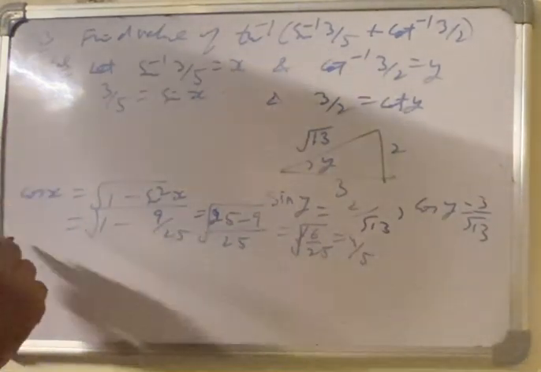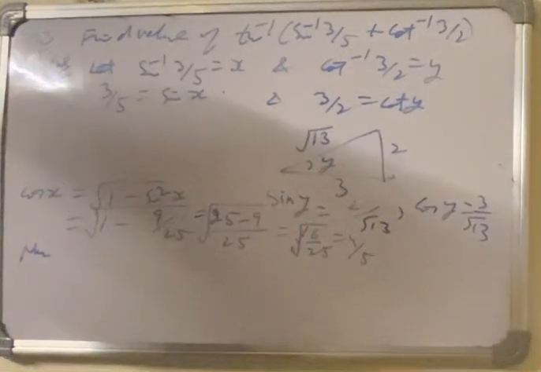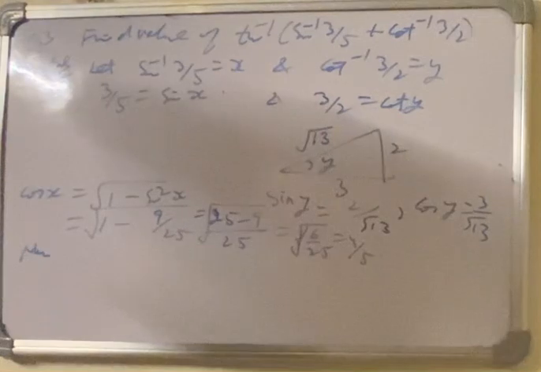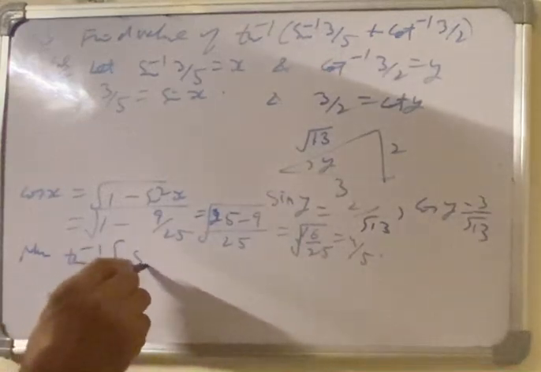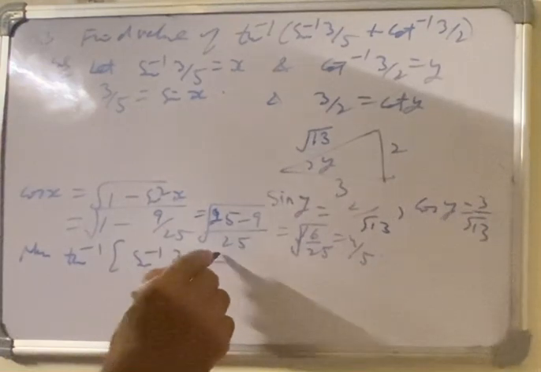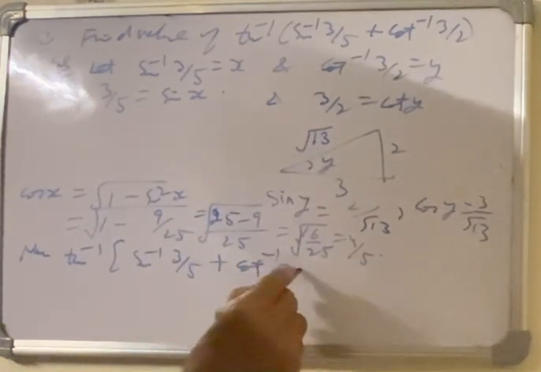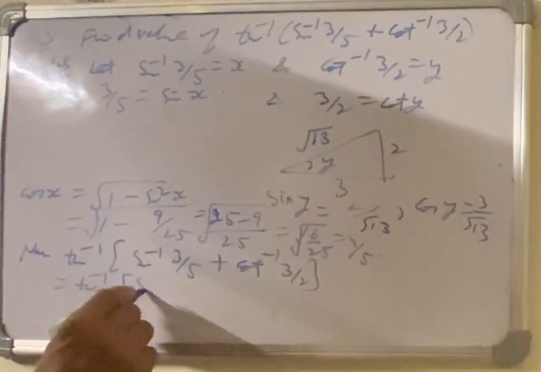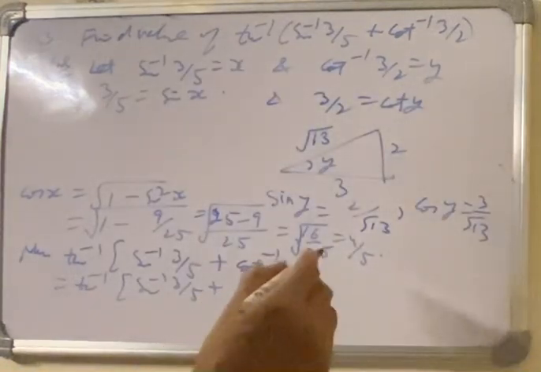Now we have tan of sin inverse 3 over 5 plus cot inverse 3 over 2.